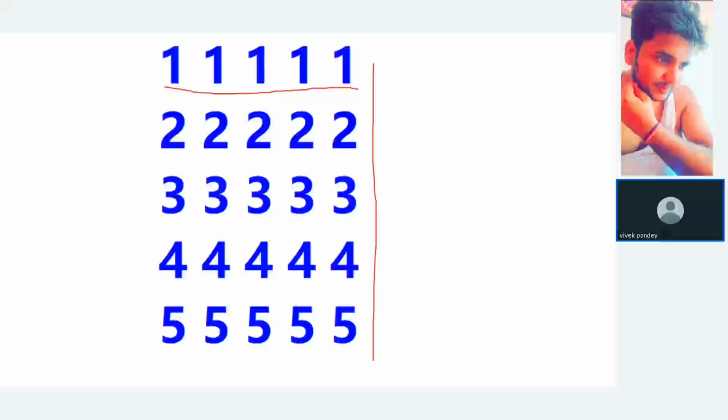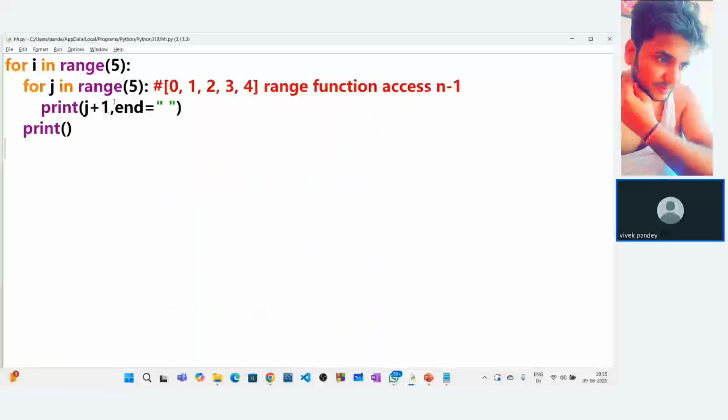So rows will be five rows, that is fine. Columns are also 5, fine, but the numbers are getting changed. So how can we do this? See here, earlier we did j. Now we can go with the tracing part.